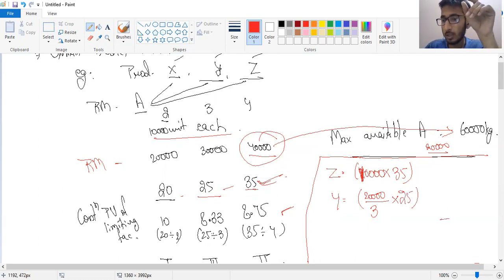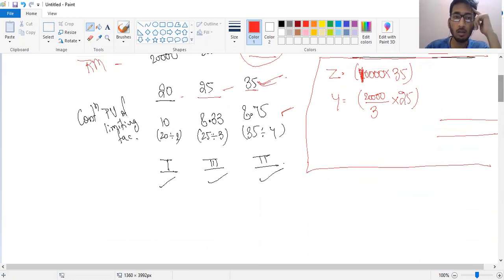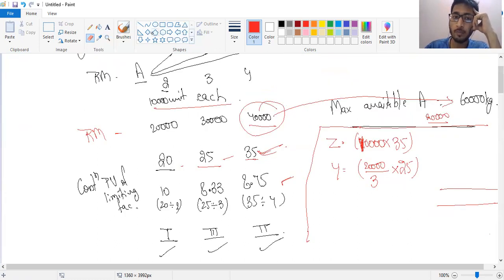Now the raw material A is not left, since you have used 40,000 kg in making product Z and 20,000 in making product Y.